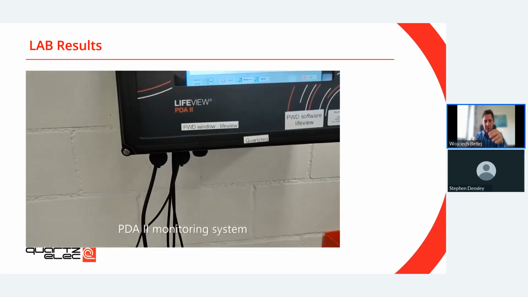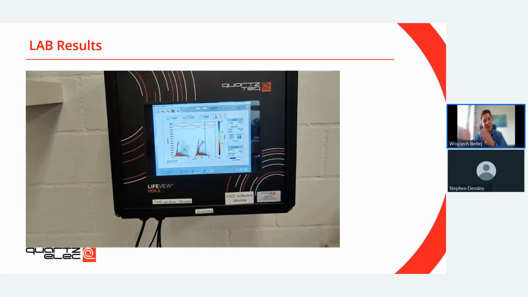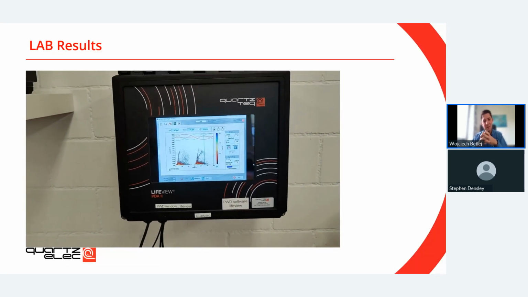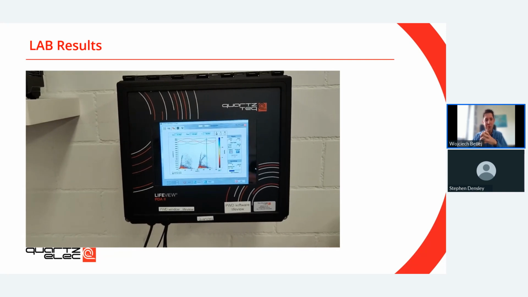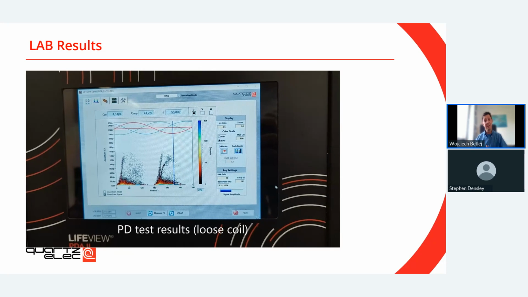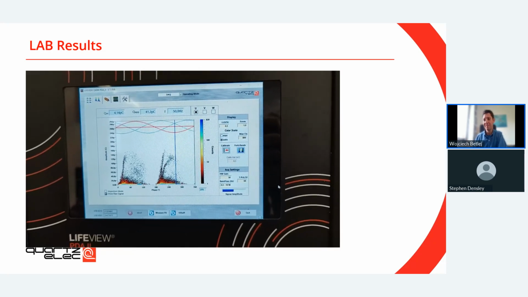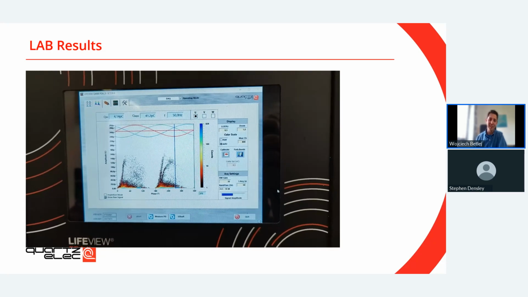Then the signal from the sensor goes to LiveView PDA2, and you now see the results of a loose coil. Just amazing how quickly you can present a loose coil simulation. So yeah, that's all.